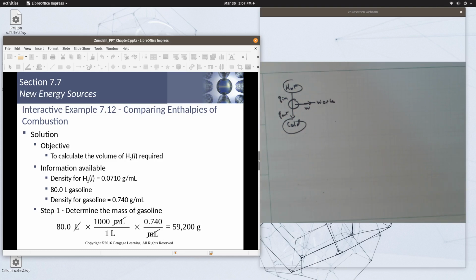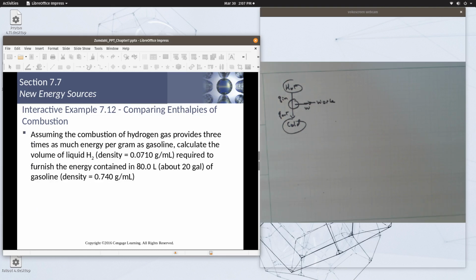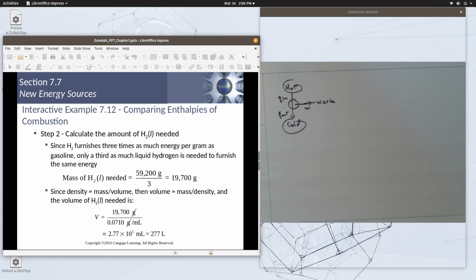I have this many grams per milliliter for gasoline, and I can figure out the mass of the gasoline. I know the mass of the hydrogen, and I would need 19,000 grams, 19 kilograms of liquid hydrogen to have the equivalent amount of energy of 20 gallons of gasoline.